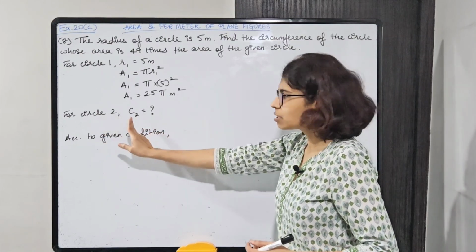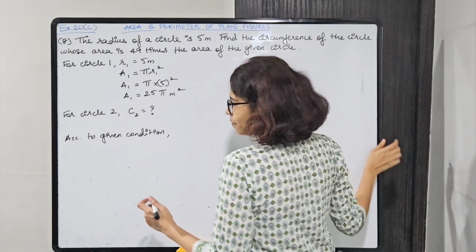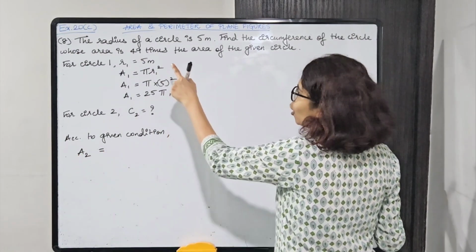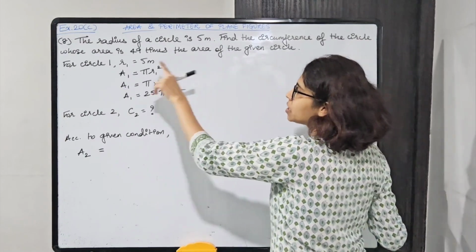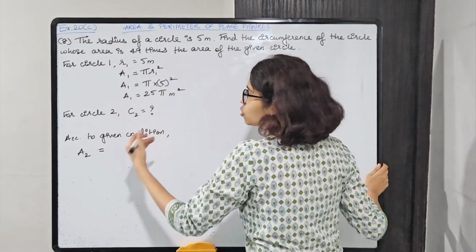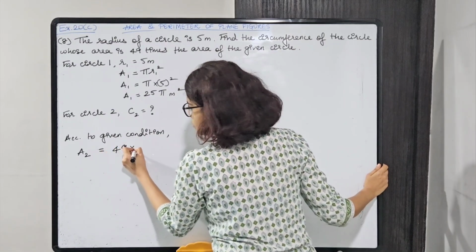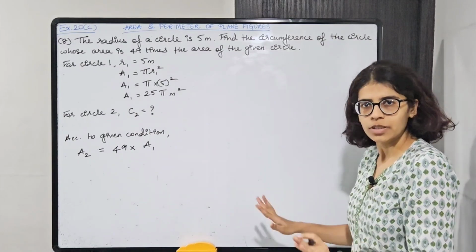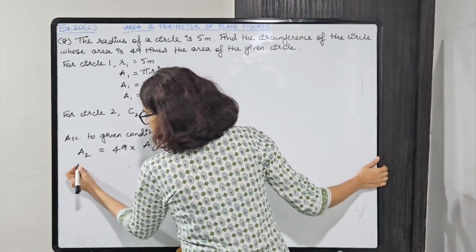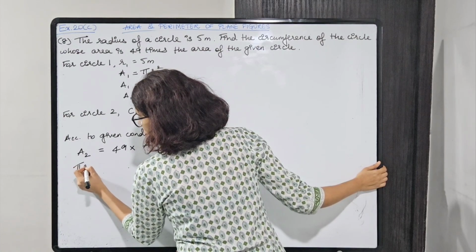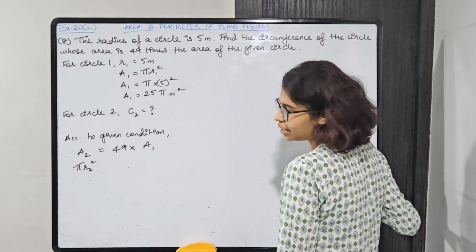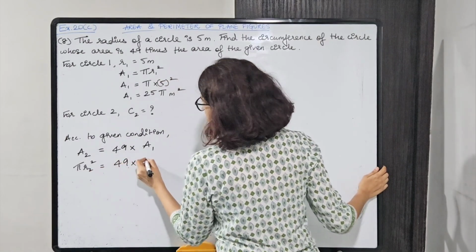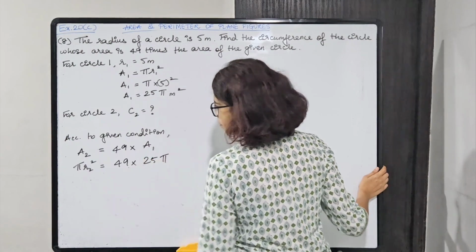So the area of circle 2, that is A2, is equal to 49 times the area of the given circle. Given circle is this, circle 1. So it is 49 times, that is 49 into area of the first circle. Easy. So area of second circle will be pi R2 squared, right? And this is equal to 49 into 25 pi, right?